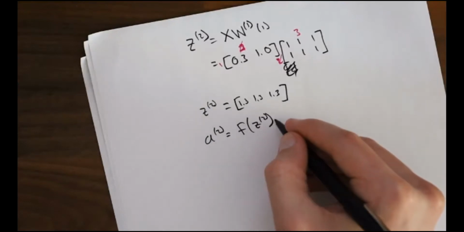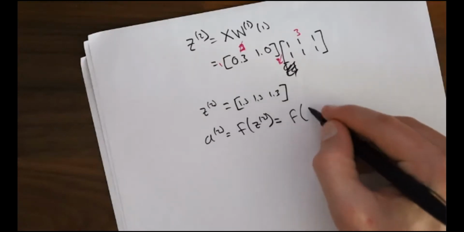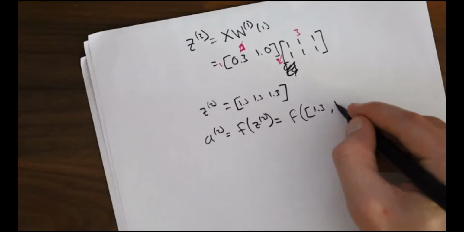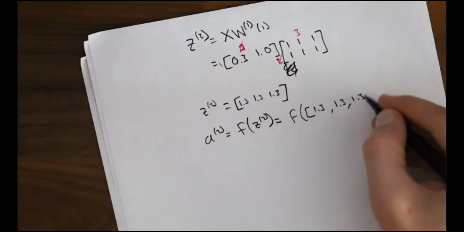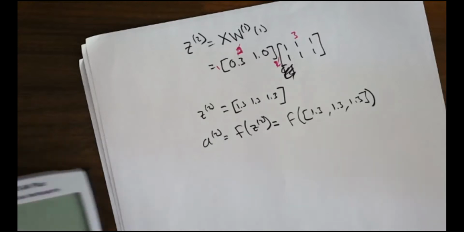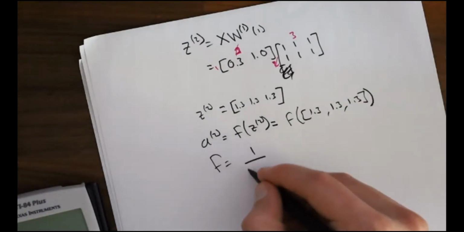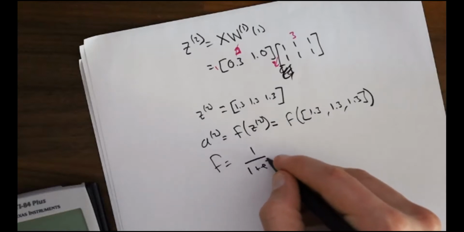Okay, and this part you'll need a calculator for. So all we're doing is we're passing in 1.3, 1.3, 1.3. Remember that F is our activation function. So F is equal to 1 over 1 plus e to the minus z.